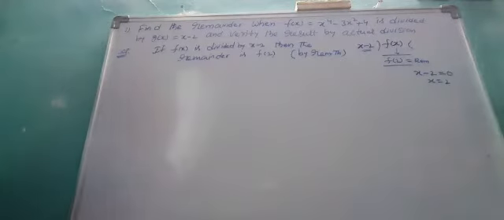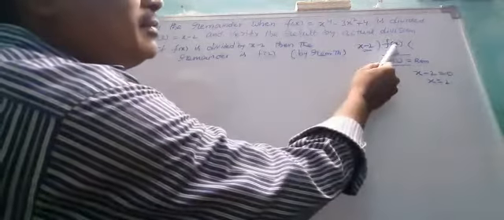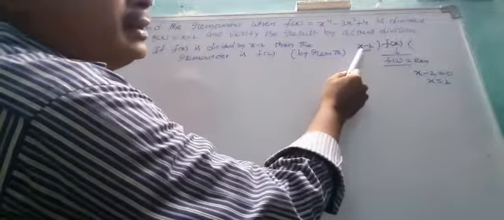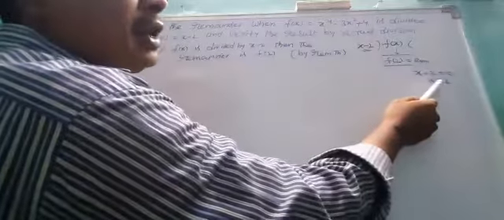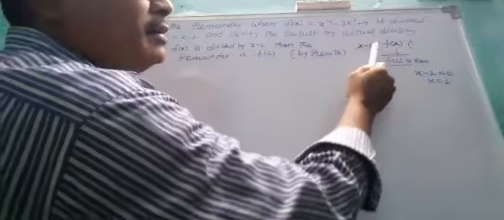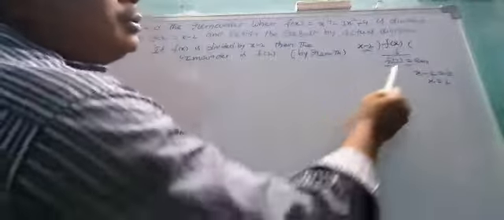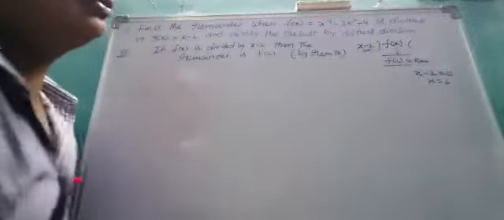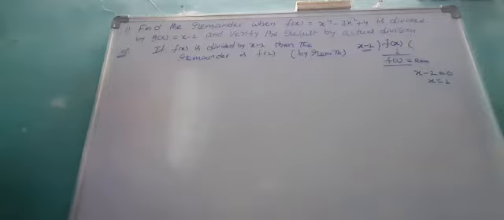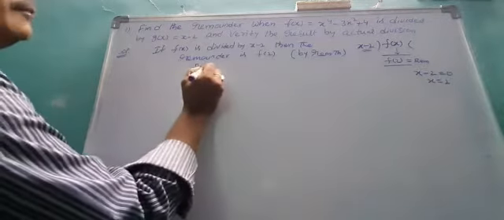Okay, what is the remainder theorem? If one polynomial is divided by another polynomial, then the remainder is the zero of the divisor polynomial. That means here the zero of the polynomial x minus 2 is 2. So instead of x you have to substitute 2. So f of 2 is the remainder, and you have to find the f of 2 value.